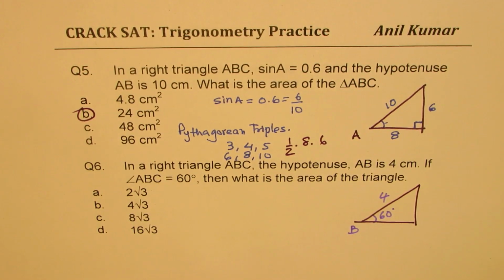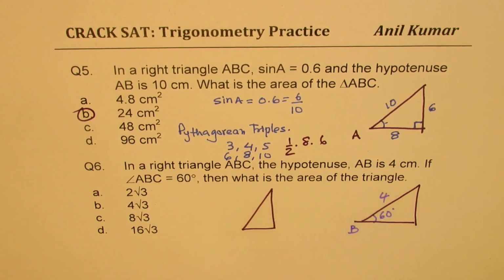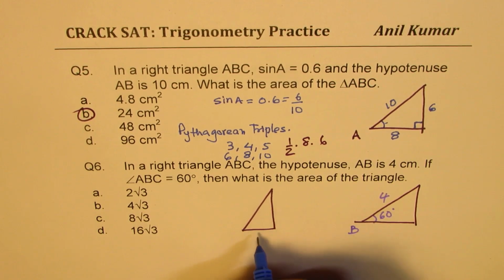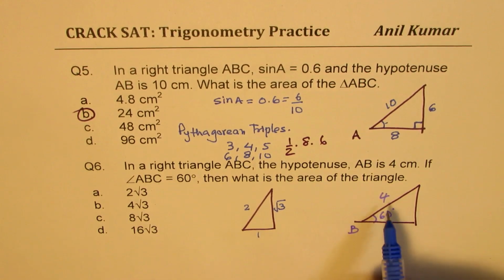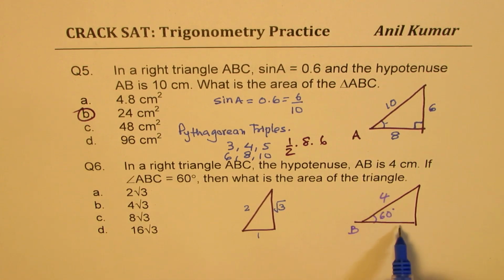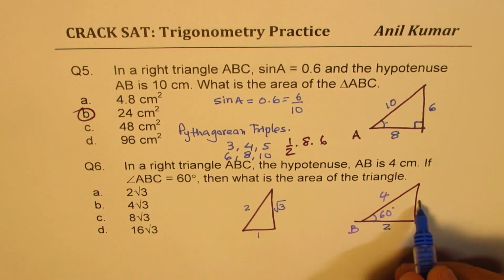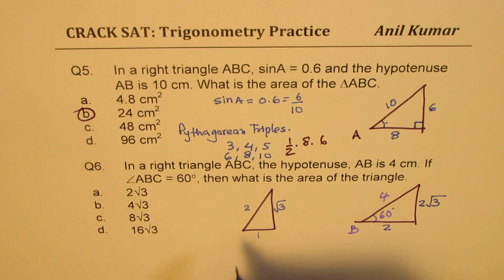Since we know the special 30, 60, 90 triangle, the ratios of the sides, as we discussed earlier, are 1, 2, square root 3. Here we know the hypotenuse is 4, which is 2 times, so all these figures will be 2 times. So we'll get 2 and 2 square root 3. That becomes the scaling factor.